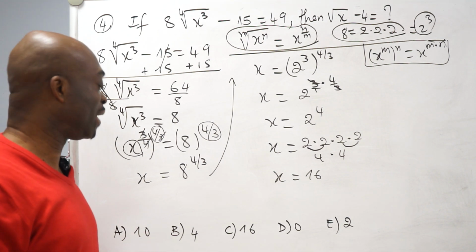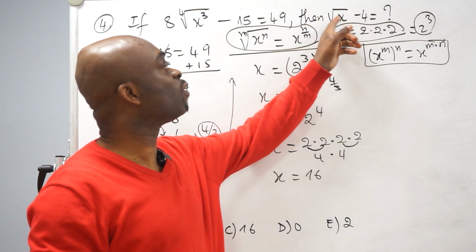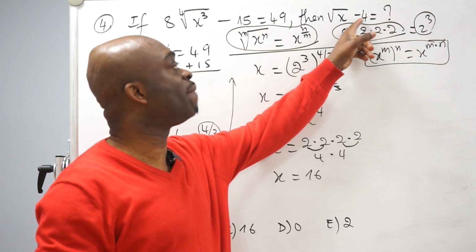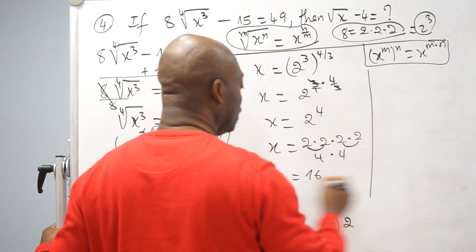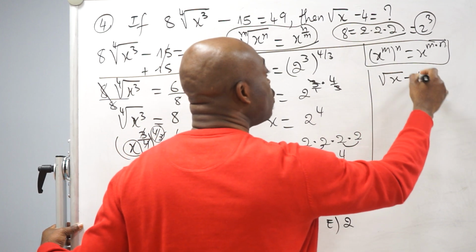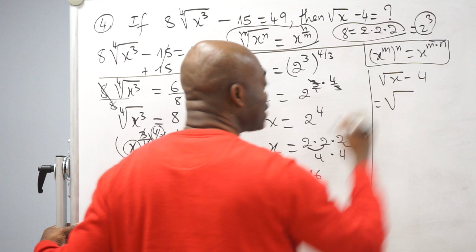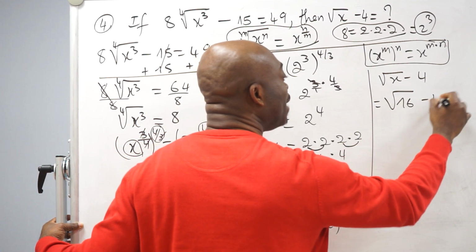Ladies and gentlemen, x is not what we're looking for. We want to find what is the square root of x minus 4. So let's go with that. Now we take the square root of x minus 4. What is x? x is 16. So you have the square root of 16 minus 4.